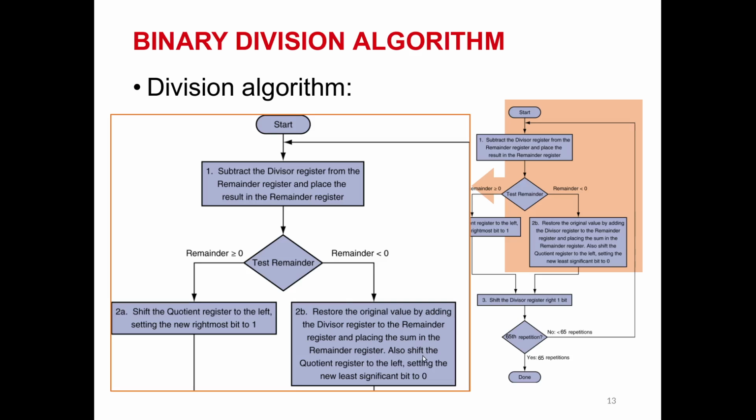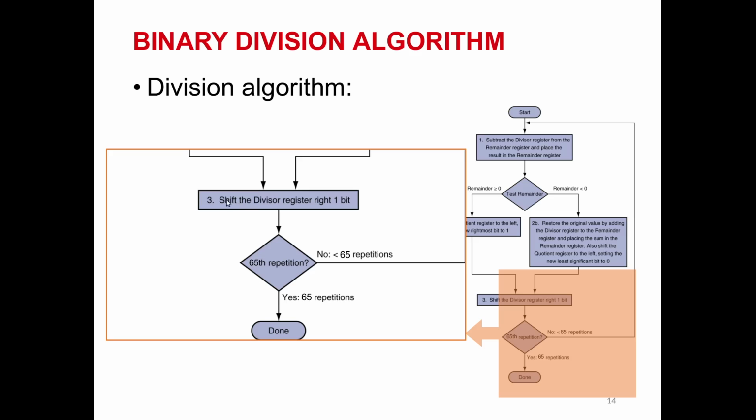You also need to shift the quotient register 1 bit to the left with the least significant bit of the quotient set to 0. If the remainder is larger than or equal to 0, which is implied by the most significant bit being equal to 0, in that case you shift the quotient register 1 bit to the left with the new least significant bit, the rightmost bit of the quotient, set to 1.